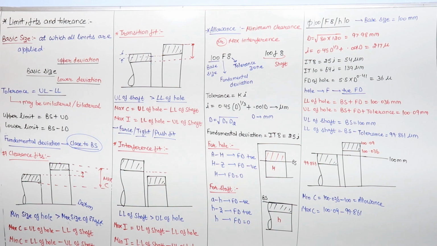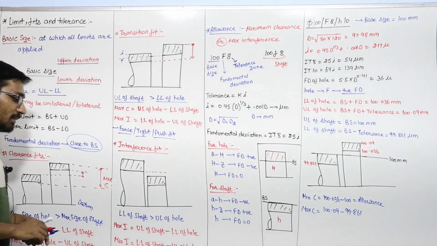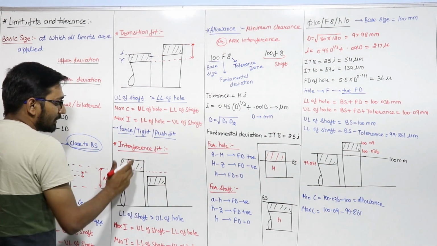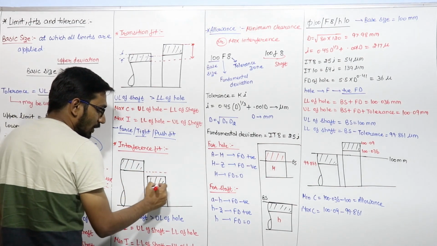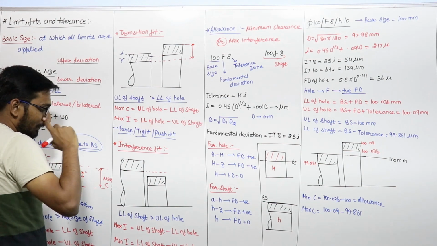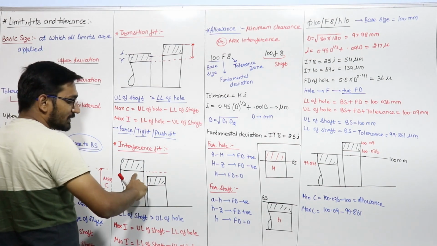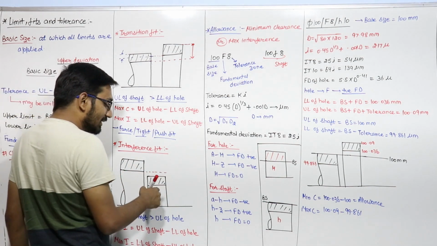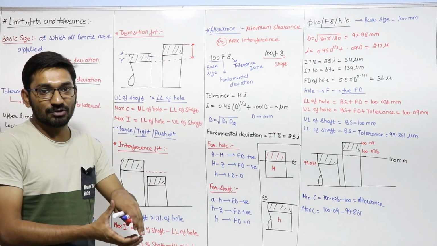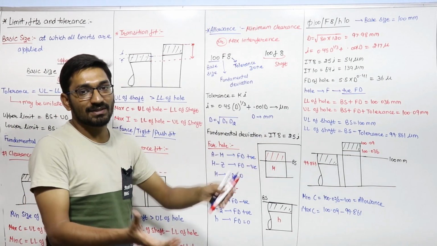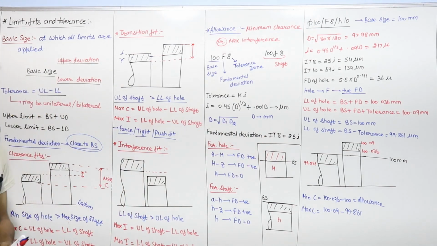Next is your interference fit. Interference fit means, suppose this is a shaft, this is the upper limit, lower limit, this is the hole, this is upper limit, lower limit. If the lower limit of the shaft is greater than the upper limit of hole, शाफ्ट का सबसे छोटा साइज भी होल के सबसे बड़े साइज से भी ज्यादा है, then it is known as interference fit.